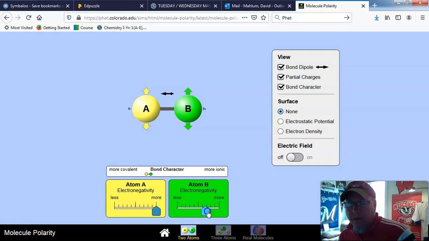And if I start to make this one less electronegative than the A atom, you can see that there's a partial positive set up over here now, because the A atom is more electronegative, so it's pulling the electrons towards it, and as it pulls the electrons towards it, you can see that this charge is set up.